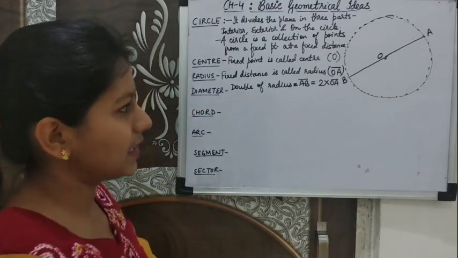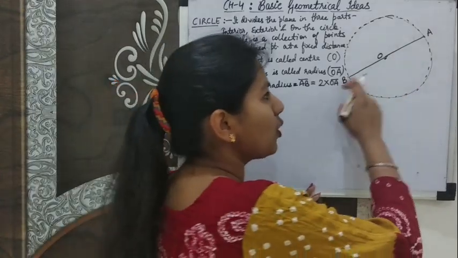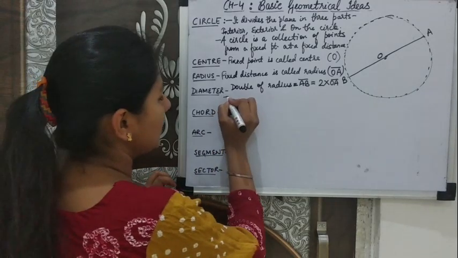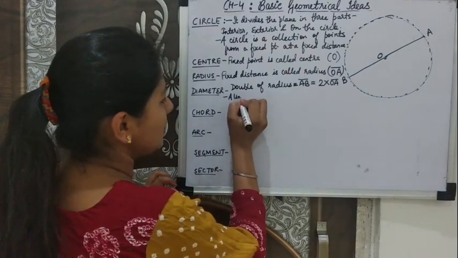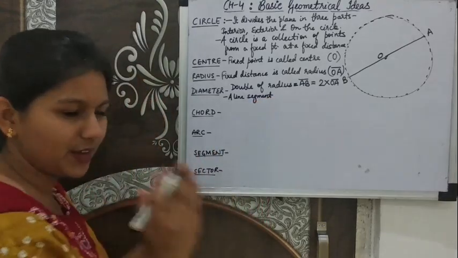And the second point we can say is that diameter is a line segment which always passes through center. Another definition can be a line segment. It is a line segment because it is fixed.